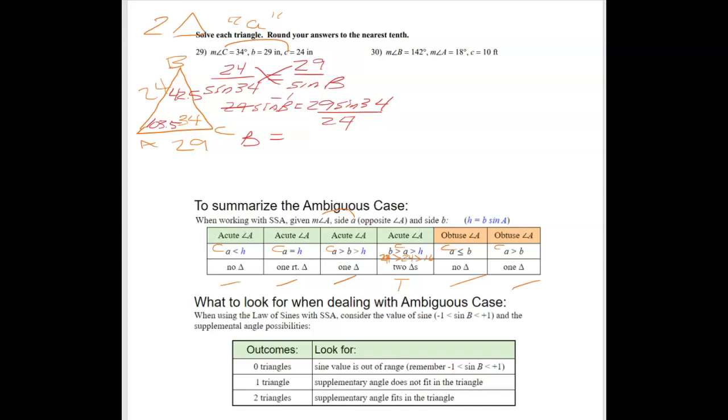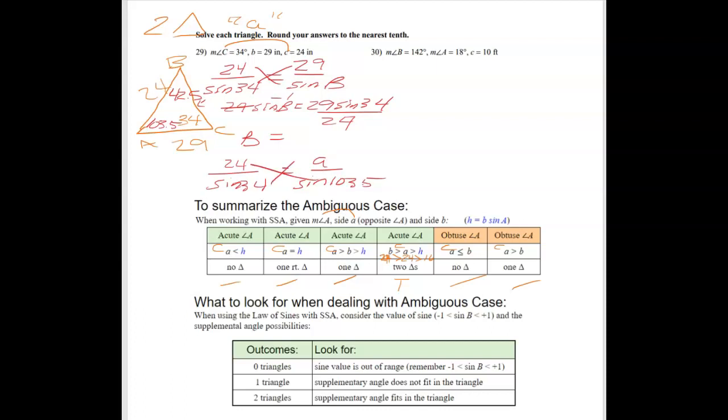And then continue with law of sines to find the third side, okay? 24 over sine of 34 equals, we don't know a, over the sine of 103.5.